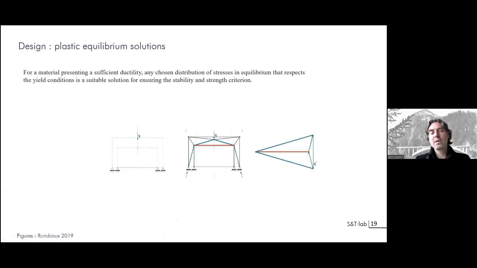What about this? I'm moving to a portal frame, for instance. Here I am developing just one approach, and if I dimension this portal frame according to the system I developed, you will get the actual, the real solution. This is at the stage of design.